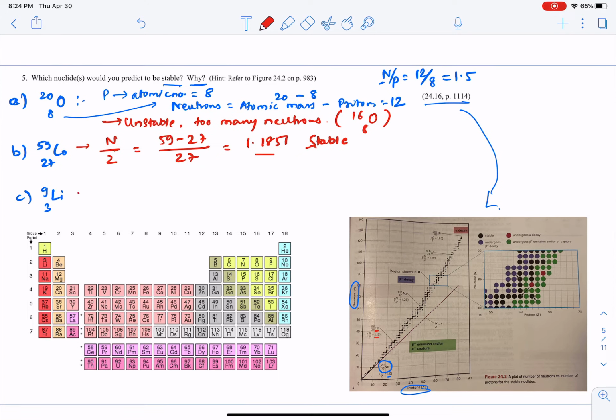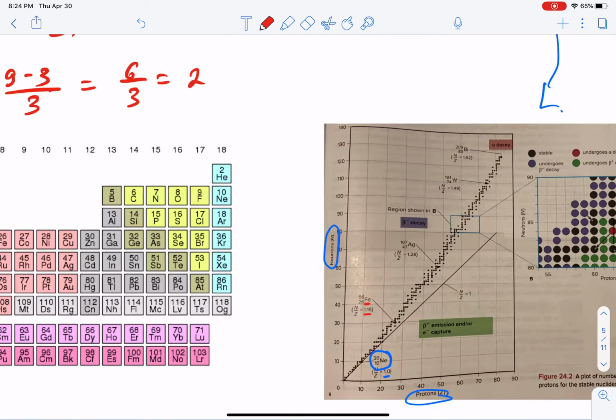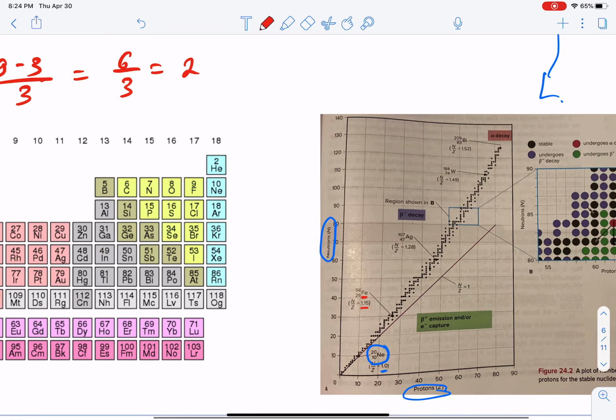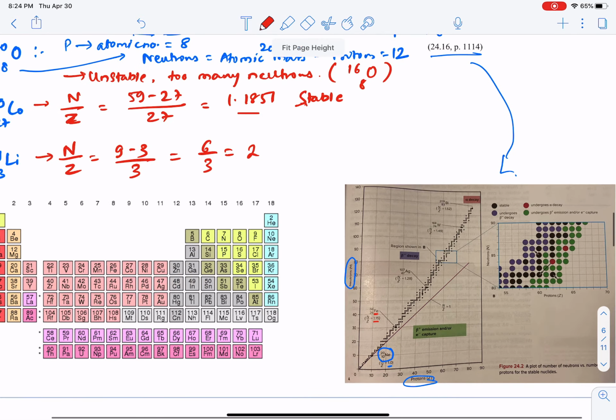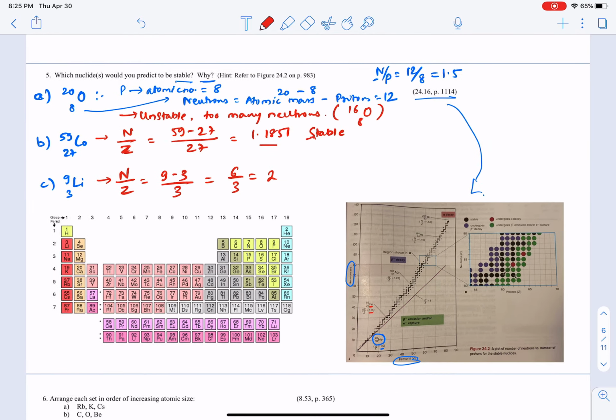Moving next to lithium, we'll do the same thing. We have 9 minus 3, you have 6 by 3, that is around 2, and that's too high. We know that near neon it should be around 1, but it's like 2.